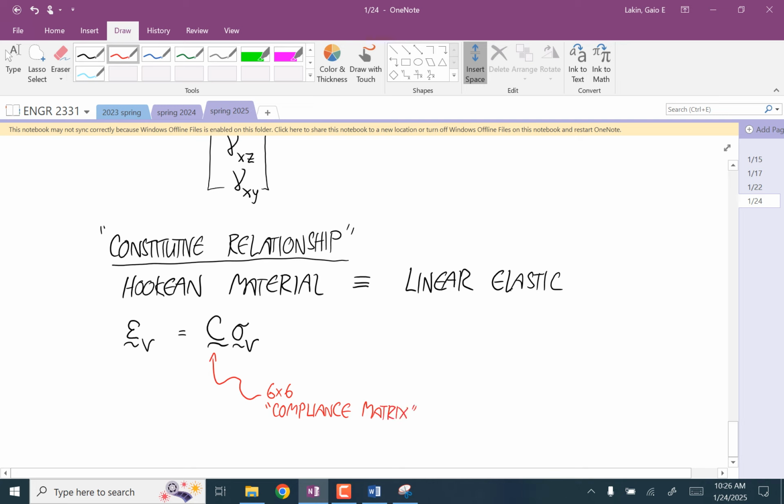This is the form we're going to use the most often because the techniques we're going to have will allow us to calculate the stresses and then from that go to the strains. It's not going to allow us usually to calculate the strains and then go to the stresses.